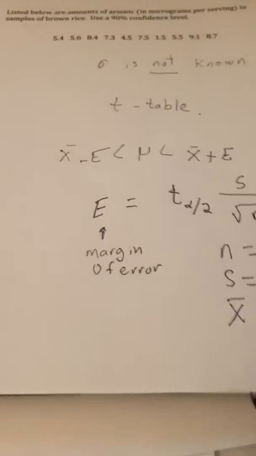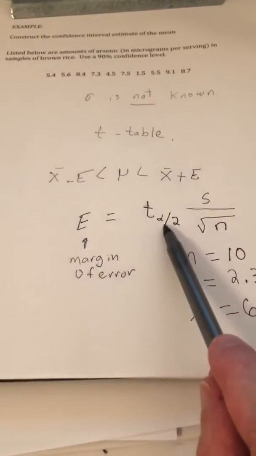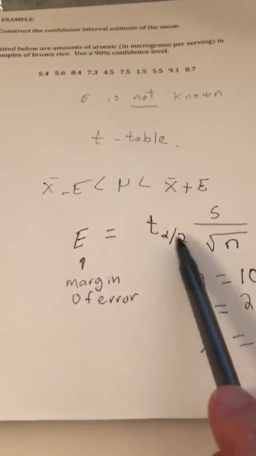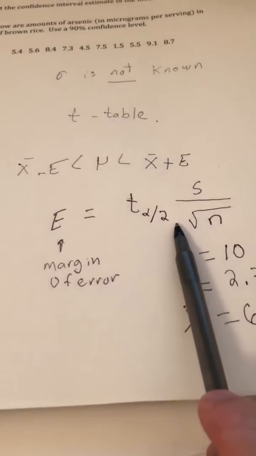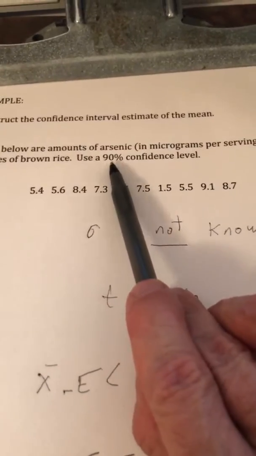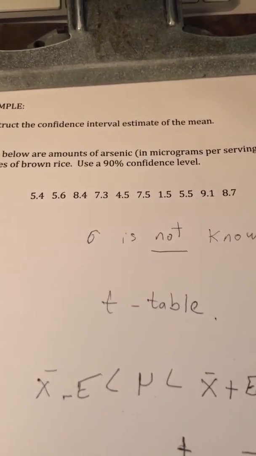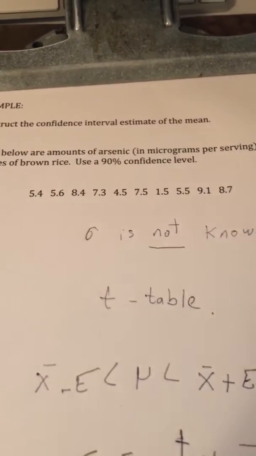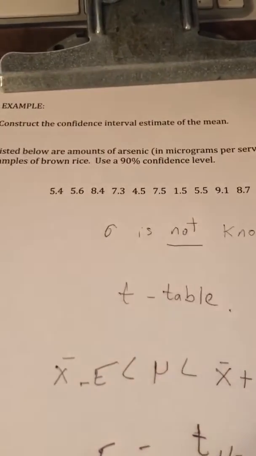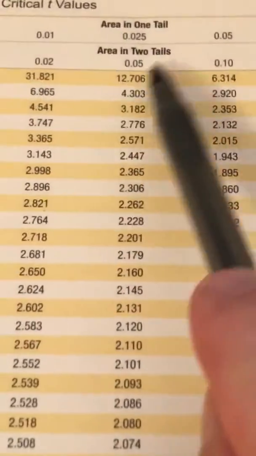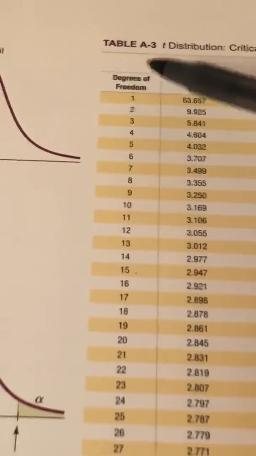So what else is needed here? Well, what we need is our critical value, which is going to come from the t-table. So what was asked for here is a 90% confidence level, which means that the area in 2 tails is 10%. Okay, so we get out our t-table, which is right here. Area in 2 tails is 10%. Now, what number do we pick here from the left-hand column?